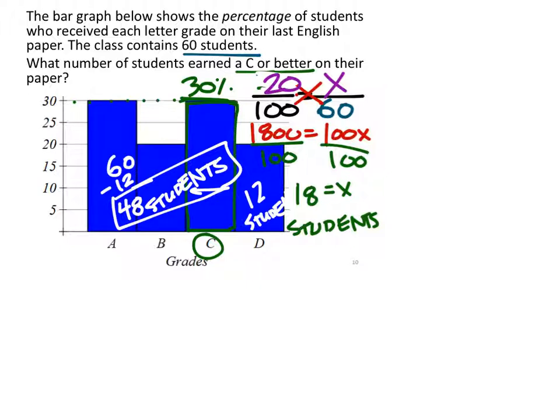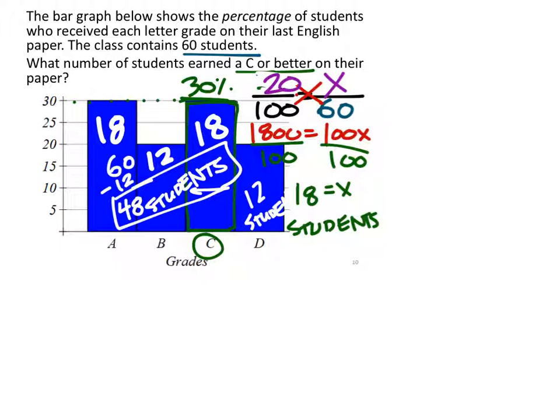Another way to do this is you could figure out how many students were in each category. So right now, we did 12 right there, and we know there was 18 from this one. So you could have done the B at 20 percent, which is 12 students, and then the A also, since it's the same as the C, that's 18 more students. If you add all these together, you should get 48 also. Now you'd have to set that proportion up 3 times and then add them.